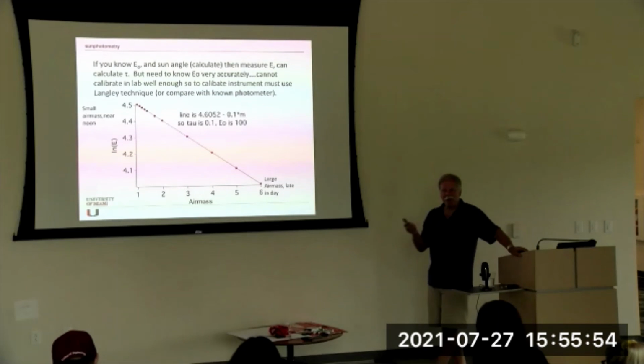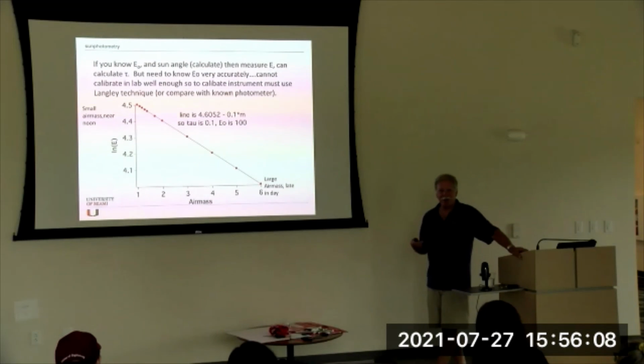By looking at spectral aerosol optical depth, you can get an idea of the particle size in the atmosphere. So this has been used in the atmospheric community for a long, long time. One of the products from the satellite retrieval algorithms is the aerosol optical depth.